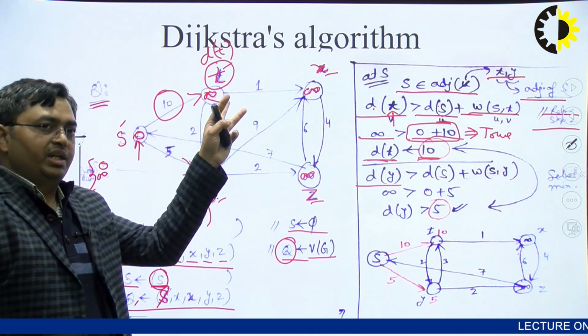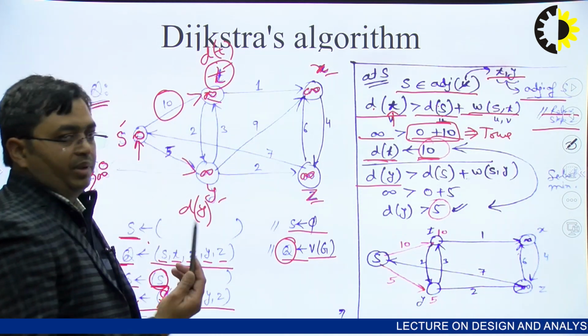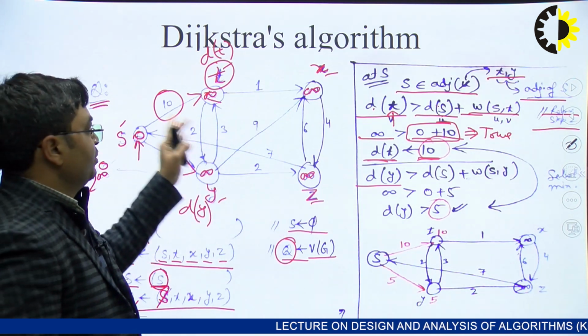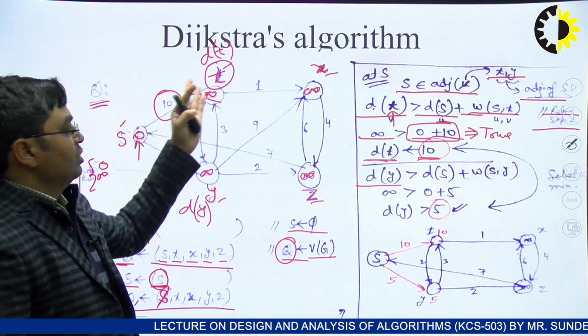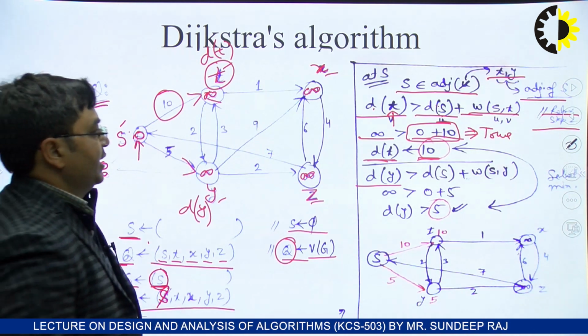Lastly we had infinity, and now we have the value 10, which is smaller than infinity, so we reach from source node s to t with the value 10.